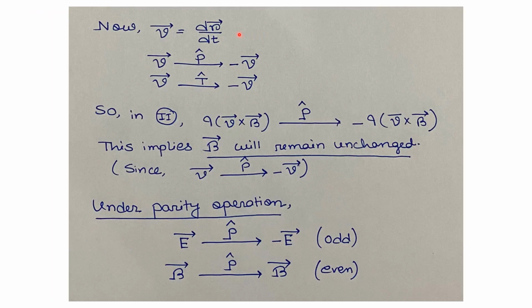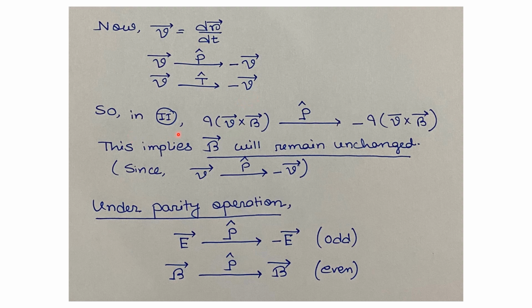Now v, that is velocity, is dr/dt. Under the parity operation, v will change its sign, that is minus v, because r is replaced by minus r here. Now under the time reversal operation, the velocity will also change its sign, so it will become minus v.